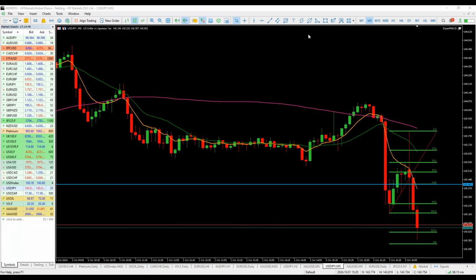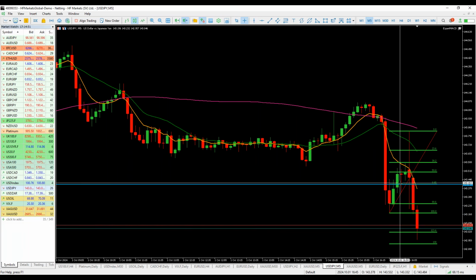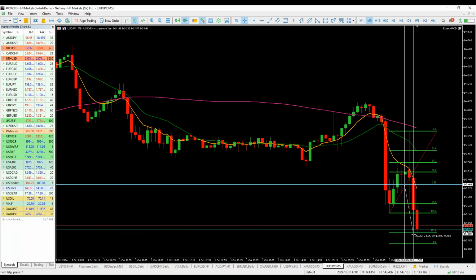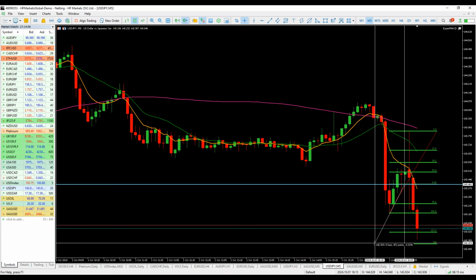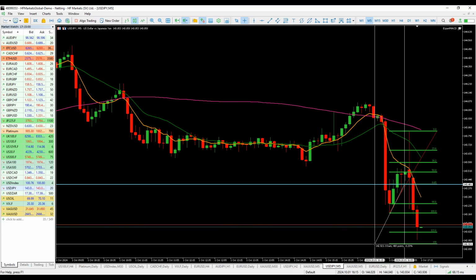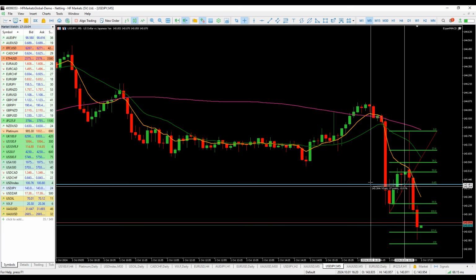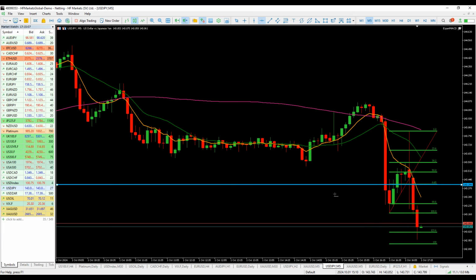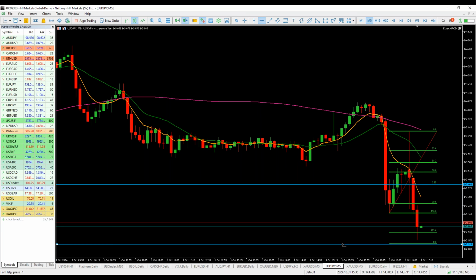If we enter in here and put it at the 138 level, that's 0.34 pips, 0.33% away. So that's where we put in our take profit. That's our take profit here.